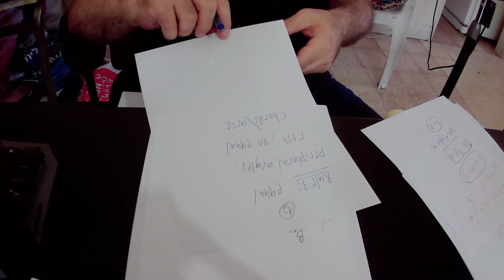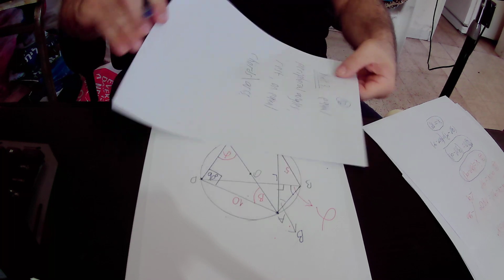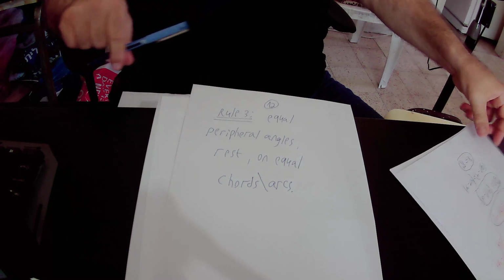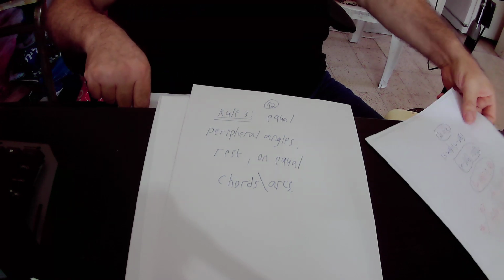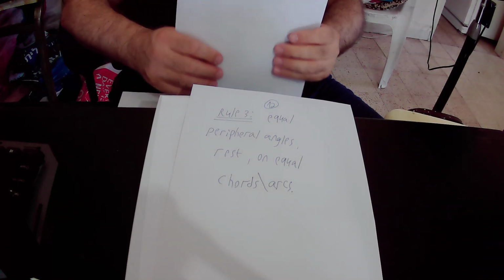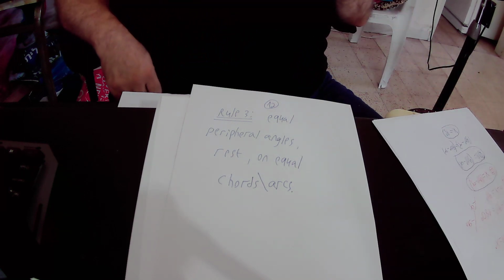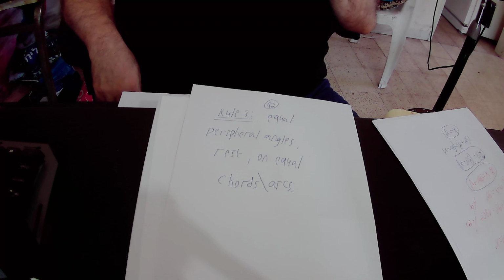I will read again rule number 3. Rule number 3 states that equal peripheral angles rest on equal chords or equal peripheral angles rest on equal arcs.